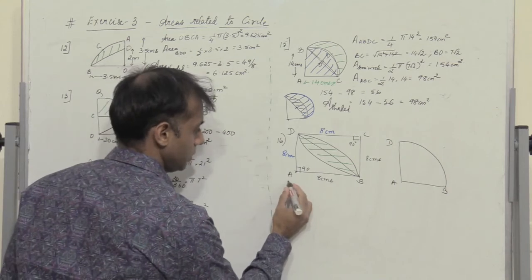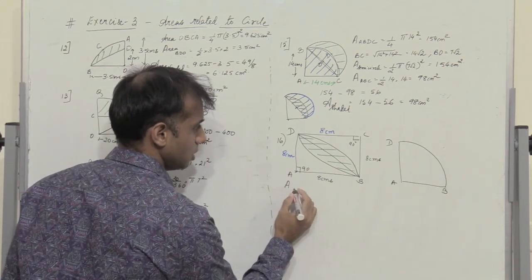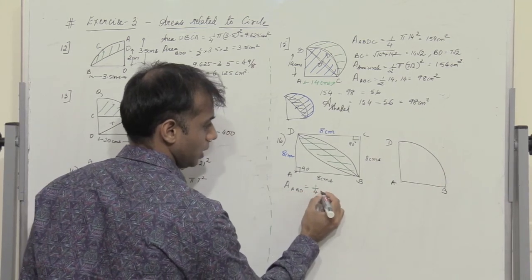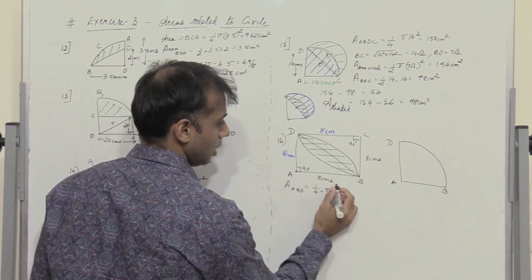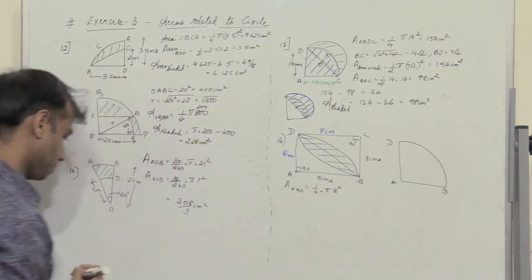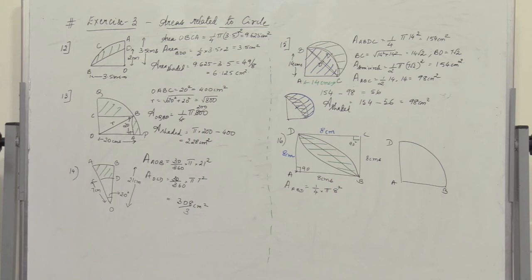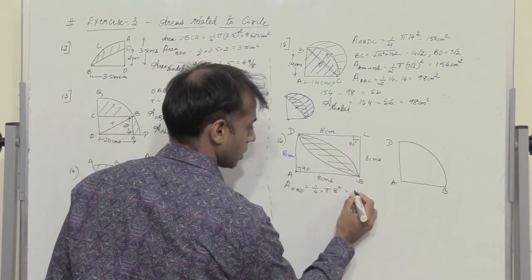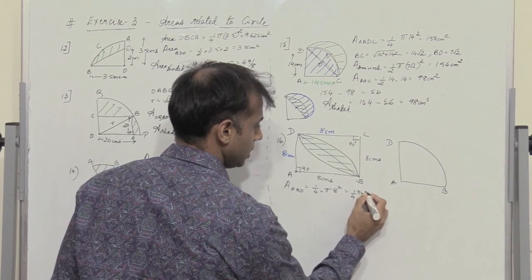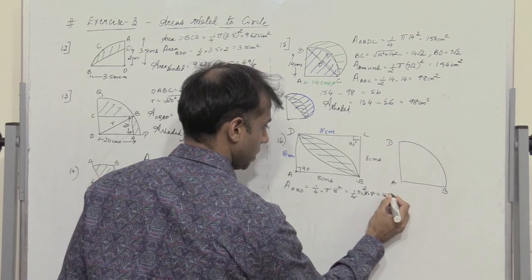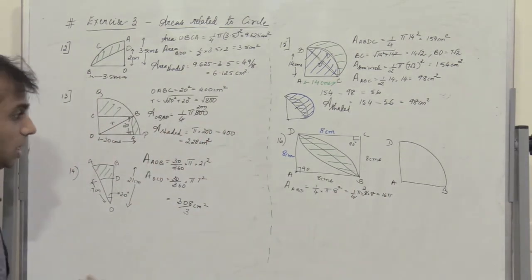The area of the quarter circle ABD is 1 by 4 pi r square. The radius is 8. So this area is 1 by 4 pi into 8 into 8, which is 16 pi. So we get 16 pi here.